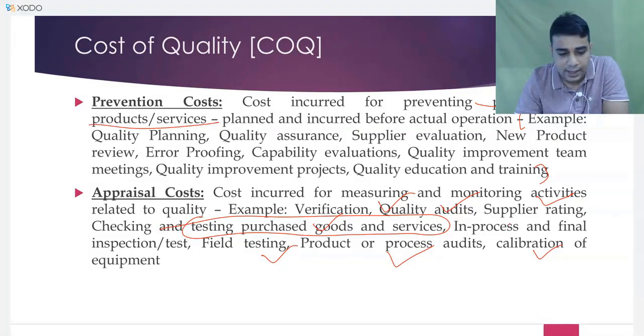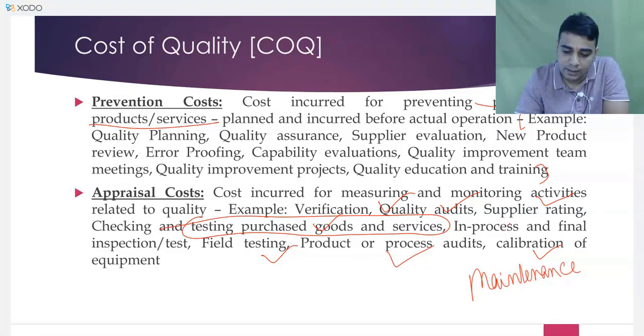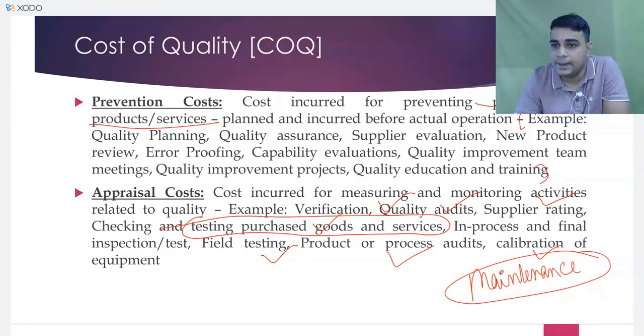Any doubts on this? Any doubts on prevention and appraisal cost? Any item you want me to explain, I can explain. There are a few examples there. For example, there is something called maintenance. There can be two types of maintenance: preventive maintenance and breakdown maintenance.